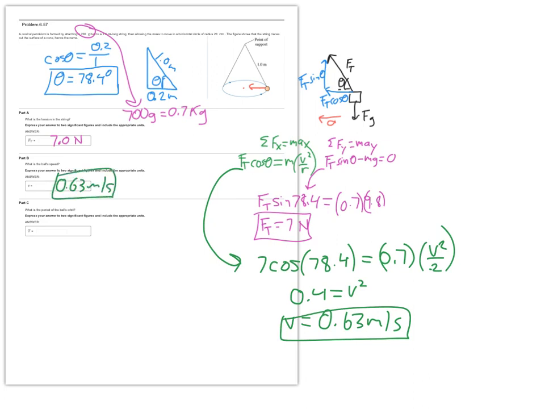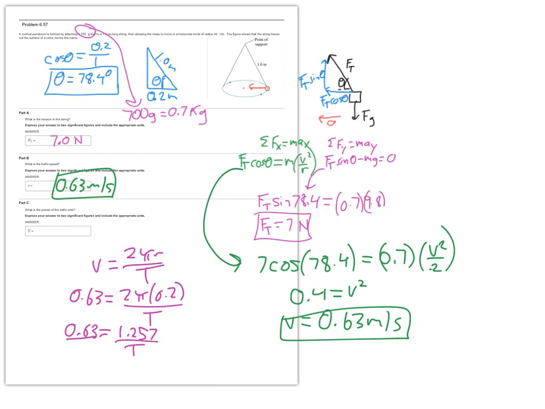For the last one, we want to know what is the period of orbit of the object. For that part, I'm going to use the fact that my velocity is equal to 2 pi r over T. I just solved for my velocity, the 0.63, so that's equal to 2 pi times 0.2 all over T. So I end up getting 0.63 equals 1.257 over T. I would cross multiply here; I think that helps prevent mistakes.